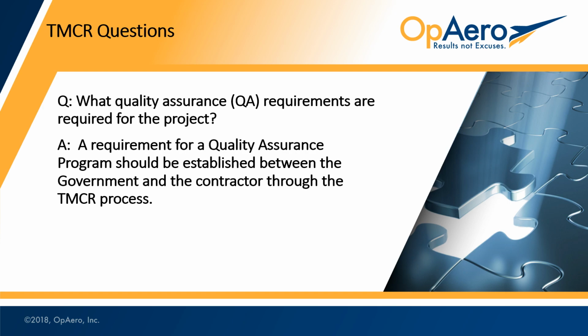But a QA program is a must, is a shall. You need to have that in the TMCR, because with no appropriate QA program defined, that leaves all of that development work unchecked.